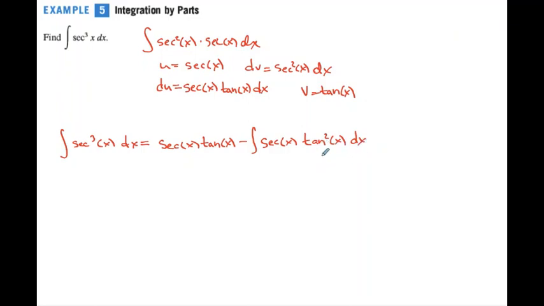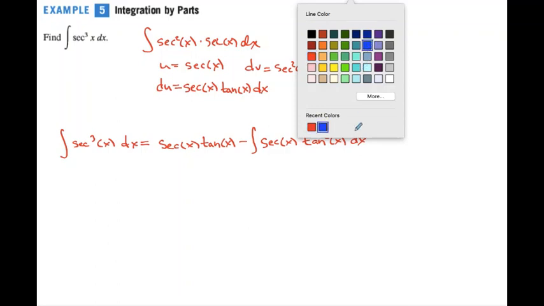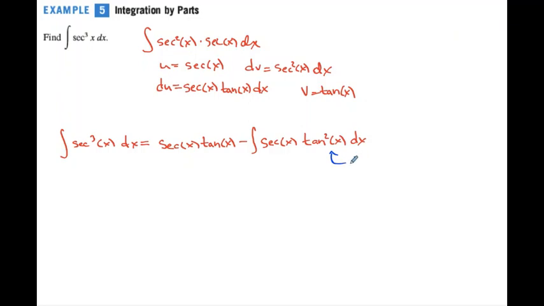And the part that we need to introduce here is, if I rewrite this using a Pythagorean identity, I can convert these all back to secant x. So we're going to replace tangent squared with secant squared x minus 1.